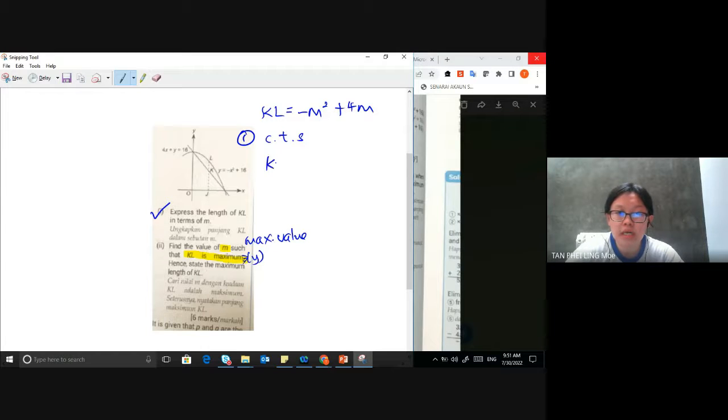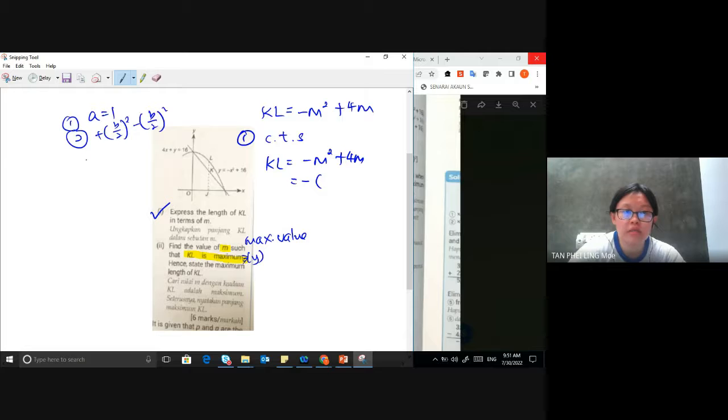We let KL equal negative M squared plus 4M. We have to take out the negative because for completing the square, A always has to be 1. Number 2, plus b over 2 squared minus b over 2 squared. The third one is big bracket squared minus small bracket squared plus c. So here it should be x plus b over 2, and this is b over 2.